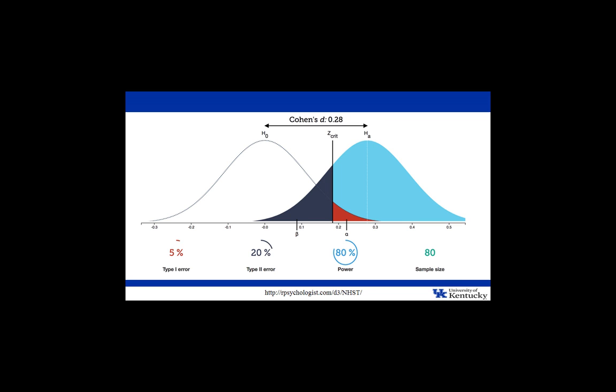We toggle parameters like how much power we actually want, what type 1 error we're constrained to, what sample size we need, what kind of effect size we have, and there are calculations that go into these pieces. We'll discuss this in a very general way in a minute, and then we'll talk about, again, specifically genetic association.